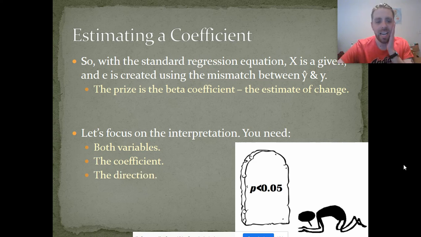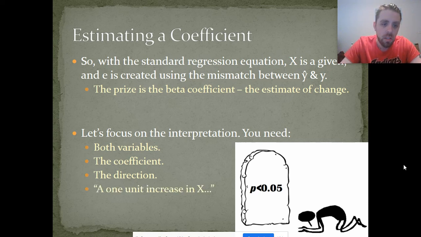And finally, I need the direction. Is y increasing, or is y decreasing, given that change in x? And once I know to look for those three things, I can interpret any linear quantitative relationship that is spit out by the regression equation. And that's pretty darn cool.